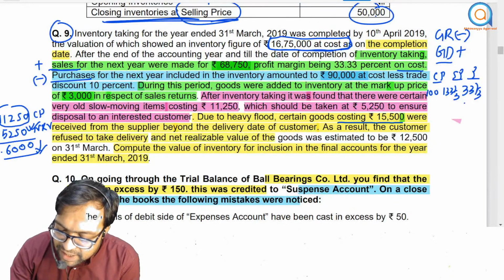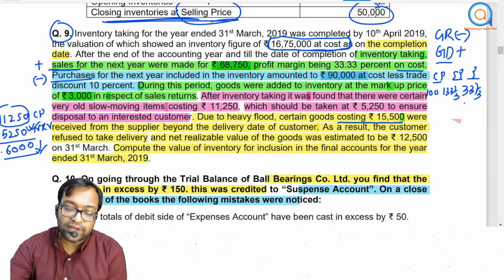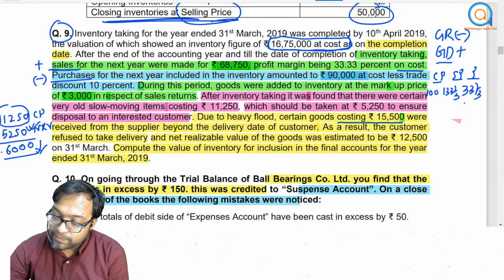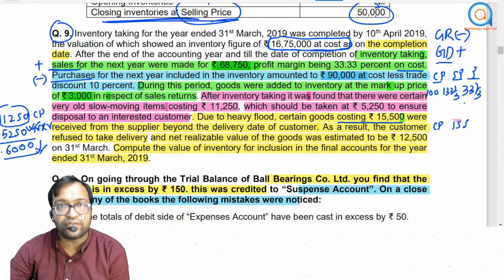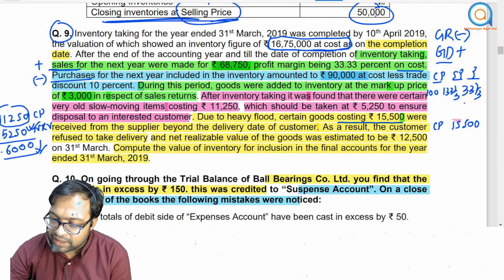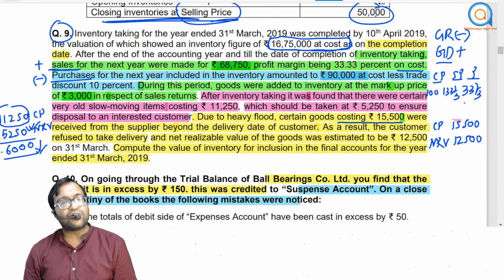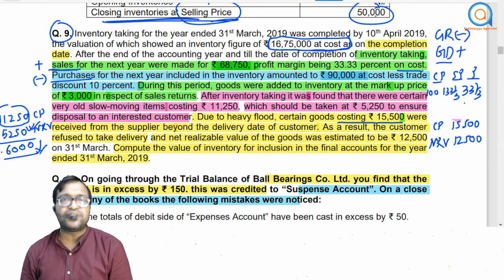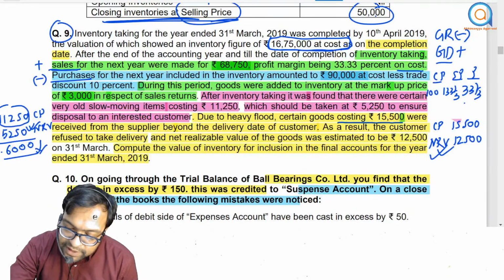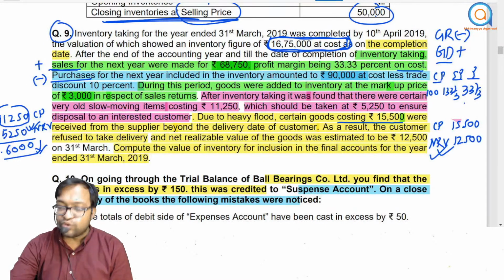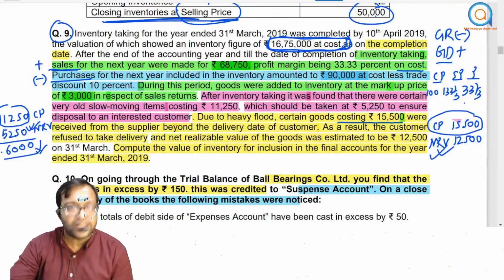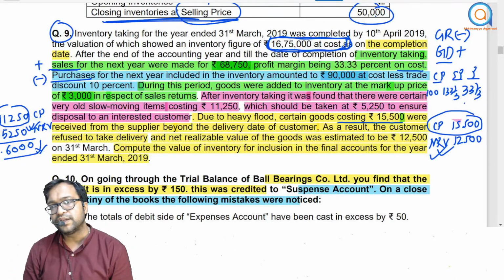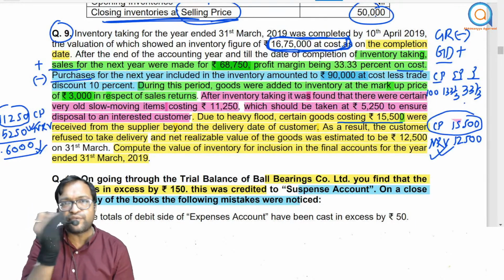And the net realizable value of the goods is estimated 12,500. The cost price of these goods is 15,500, which is there in godown. But the net realizable value is 12,500. And you know stock should be valued at cost or NRV, whichever is lower. So NRV is lower. You have done physical verification at cost, so you must have included 15,500 in that figure.